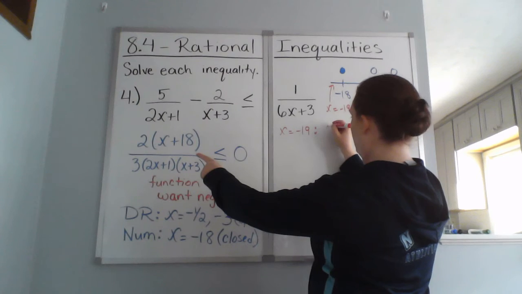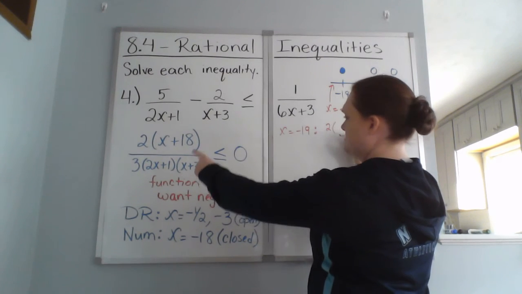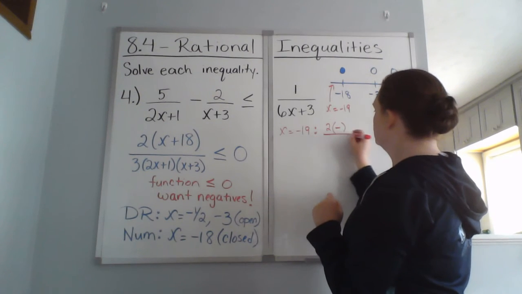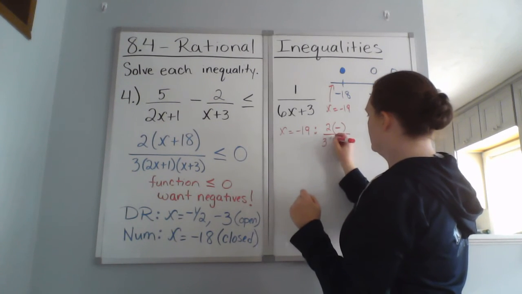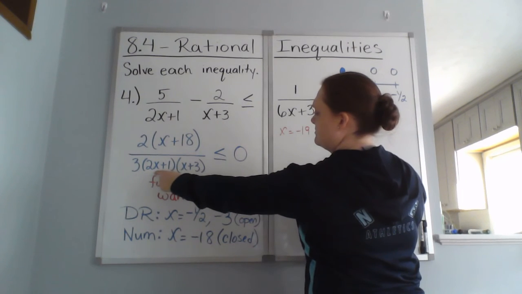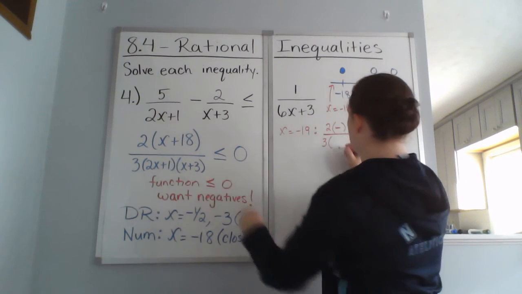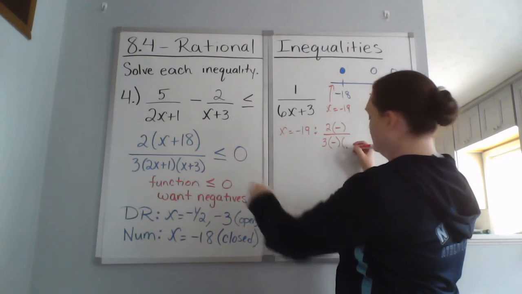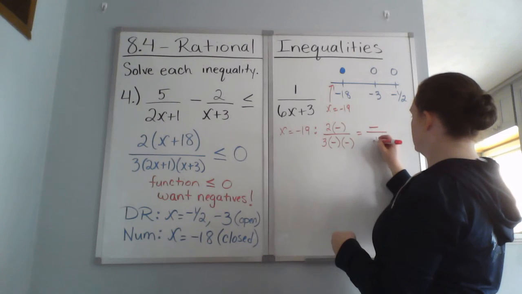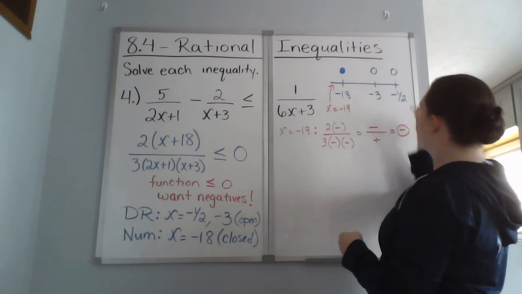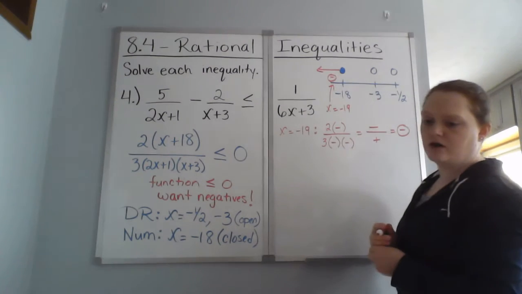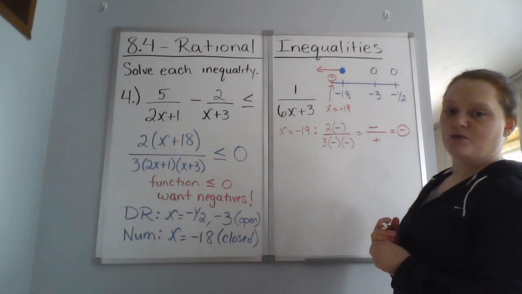So I'm going to have 2 times negative 19 plus 18, that'll be a negative, divided by 3 times, let's see, 2 times negative 19, that's definitely negative, and so is the next one. So I've got a negative divided by a positive, which is a negative overall. And that's exactly what we were hoping for, negative. So our first one works out to a negative.